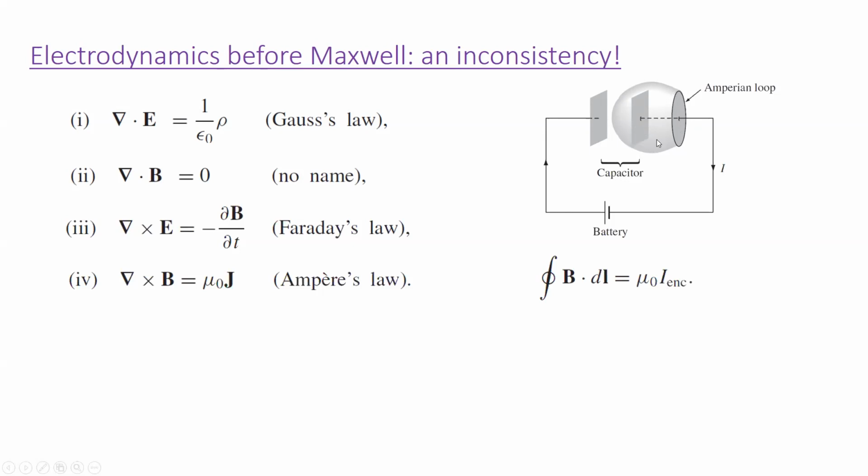And then if you think about it, the current can only flow in the wire, and so there's no current flowing between the 2 capacitor plates, and so no current flowing anywhere through this soap bubble-like surface. And yet there is a circulating magnetic field around here. So he saw that as a contradiction to Ampere's law and wanted to fix that.